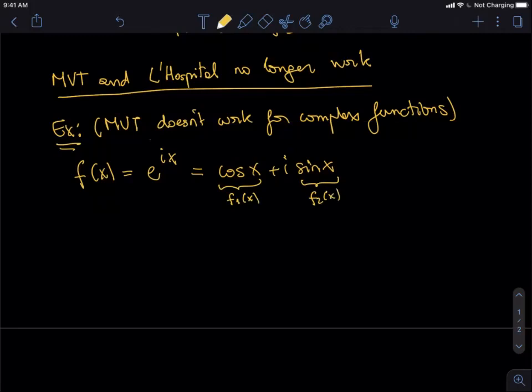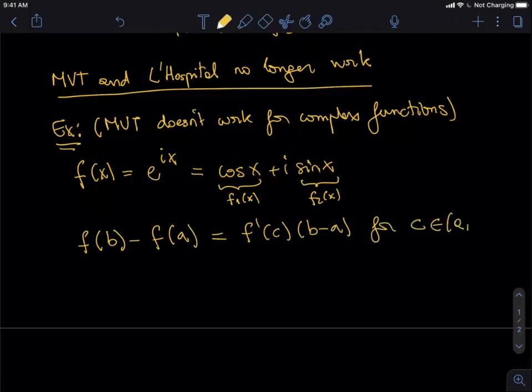Now, what we want to check is if f of b minus f of a equals f prime of c times b minus a for some c in the interval ab. Well, I said already it's not true, but we don't know. And we need to figure out if it holds or not.